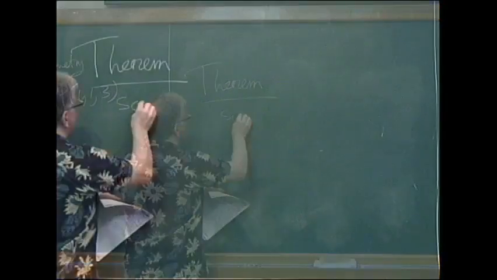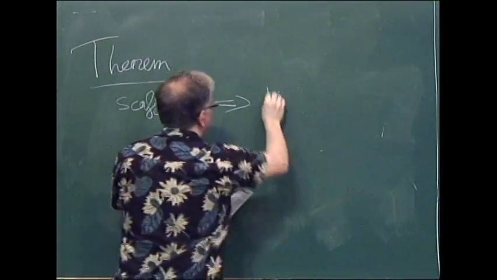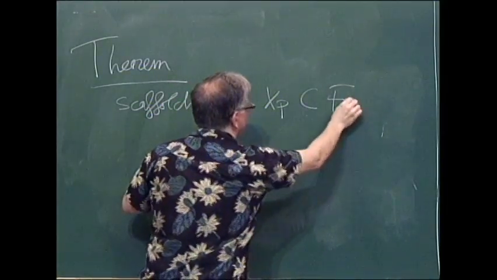The scaffolding gives me an embedding of X_P in some toric variety F.